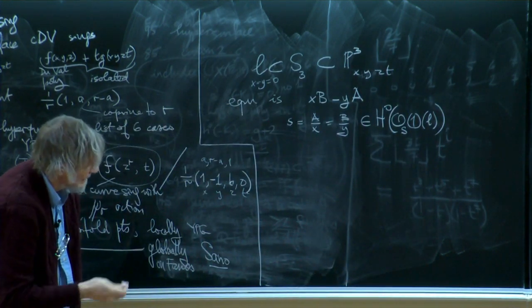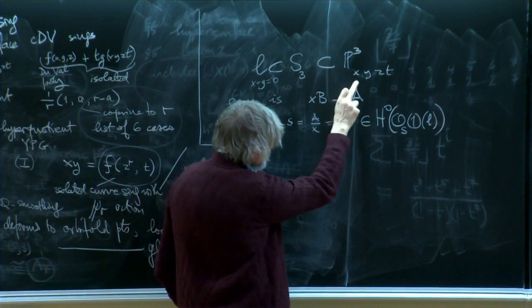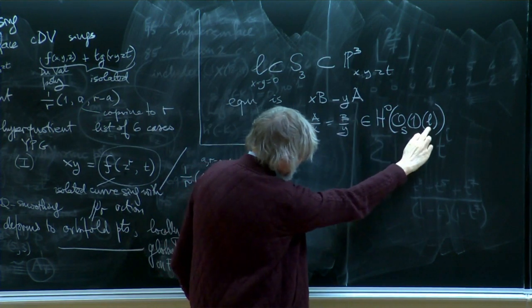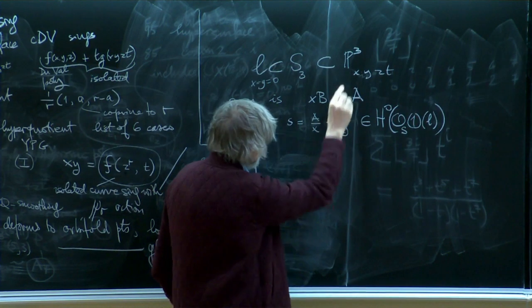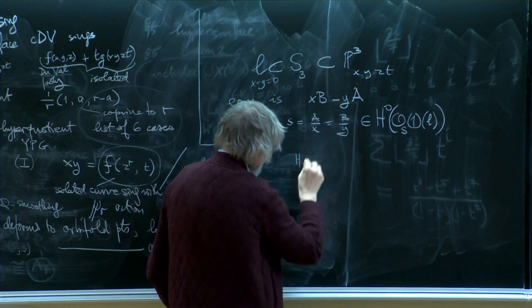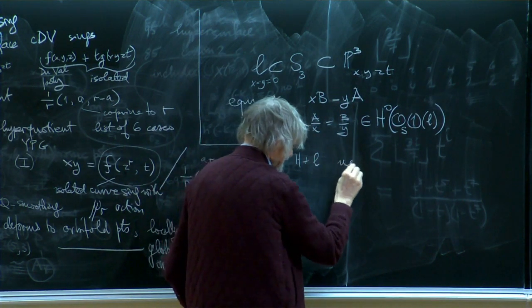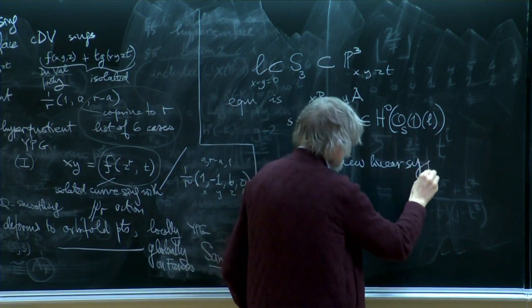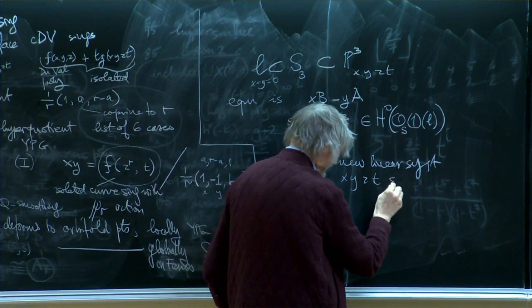Yes, and so instead of the linear system O of 1, given by x, y, z, and t, I can use O of 1 together with this L. So I can use H, O of 1 in P3 plus L, which gives a new linear system x, y, z, t, and s.